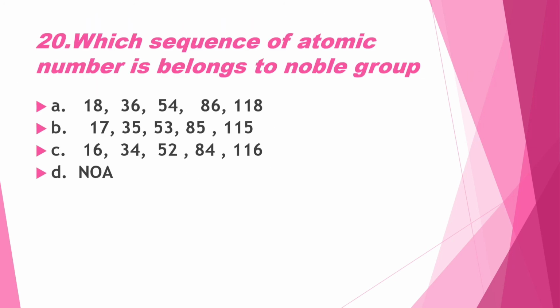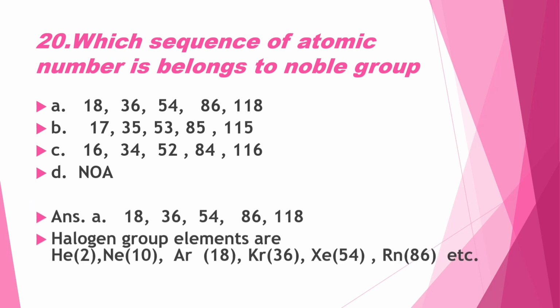Which sequence of atomic numbers belongs to noble group elements? A: 18, 36, 54, 86, 118; B: 17, 35, 50, 53, 85, 115, and so on. If we see the noble group elements, that is group 18, it is helium 2, neon 10, argon 18, krypton 36, xenon 54 and radon 86.